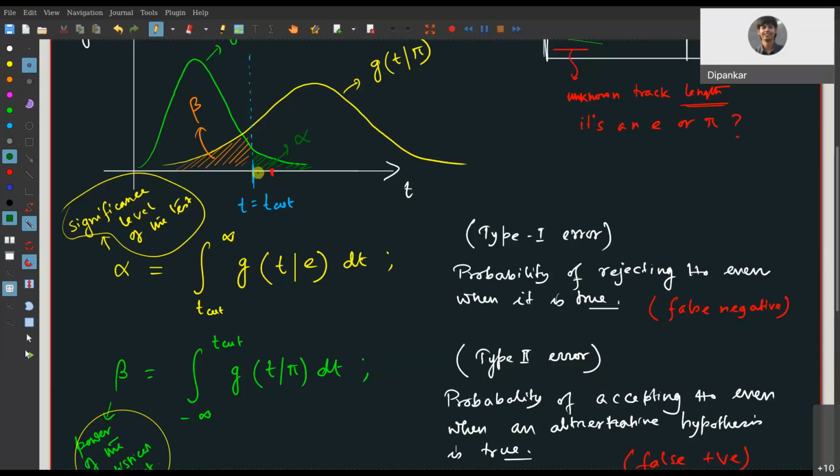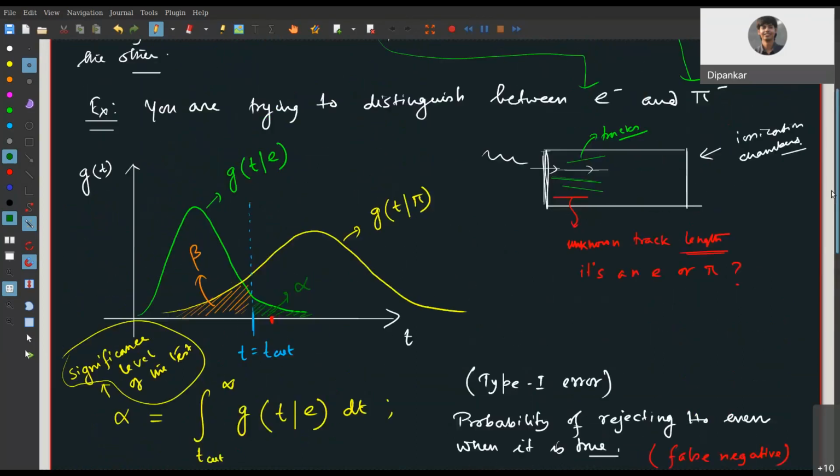Now there are certain fine prints that you need to note down here.